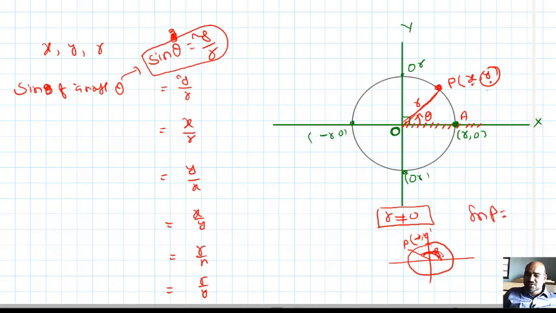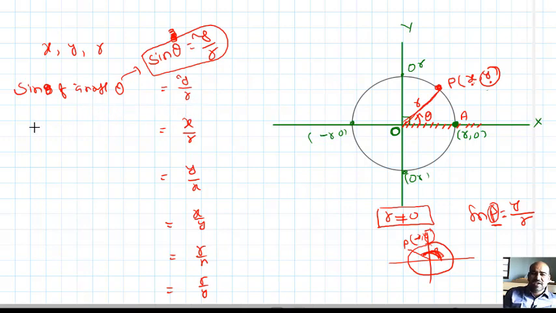Sin beta is the y coordinate y divided by the distance from the origin to that point, r. So in this diagram, sin beta means y by r. Beta is not acute here, see, beta is obtuse. Understood? So theta is any real number. That is important. So trigonometric ratios are defined for all real numbers.